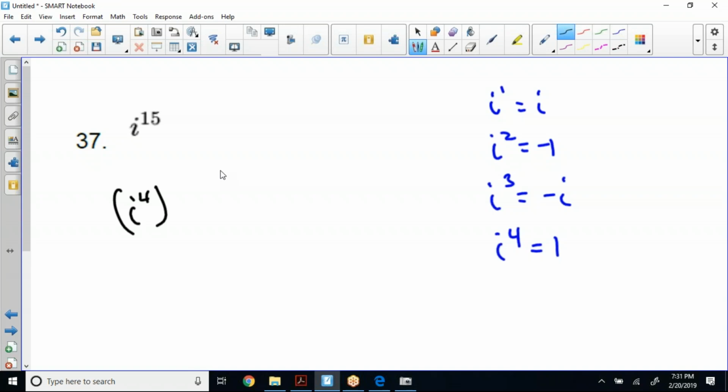So how many times will 4 go into 15? 3 times, and 4 times 3 is 12, so it leaves me with an i cubed left over. This is 1 times negative i, which equals negative i. Done.